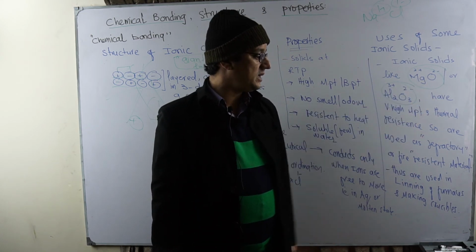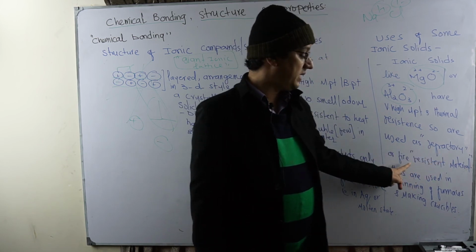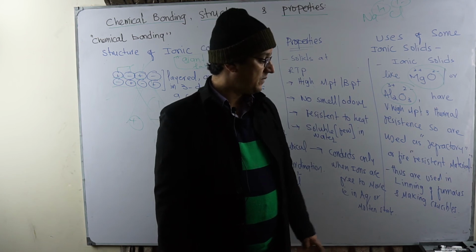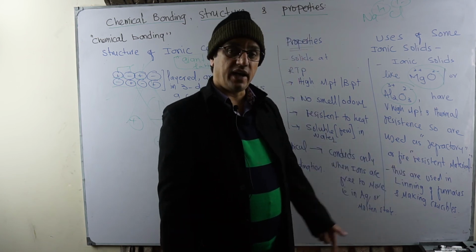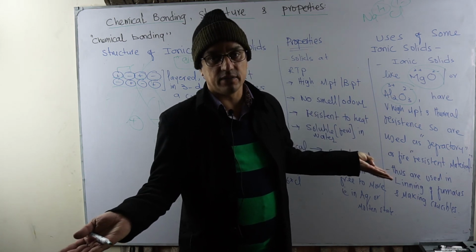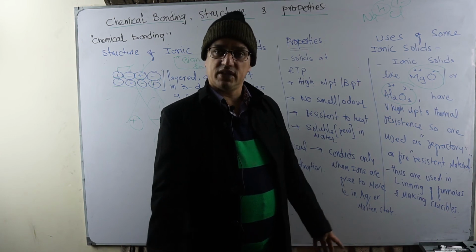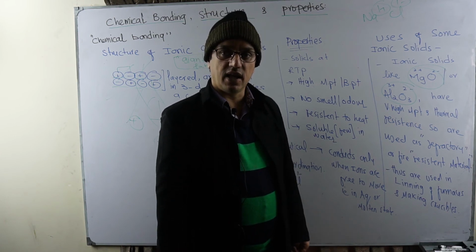They are resistant, so they are named as refractory material, used in making fire resistant materials, fire resistant bricks, lining of furnaces. Why do furnaces not melt? The temperature goes beyond 3000, you're melting so many things, pots and other stuff, and kilns, lining of kilns.